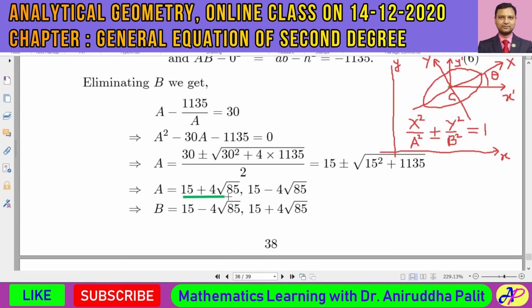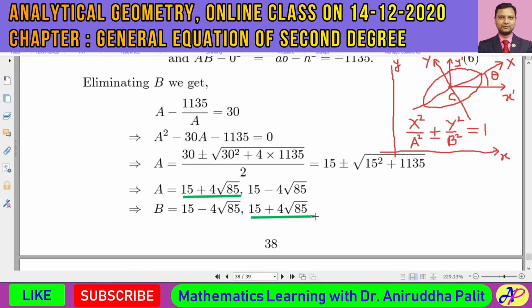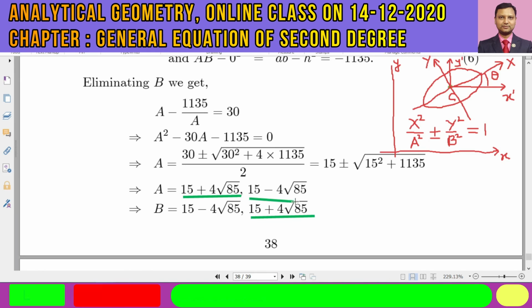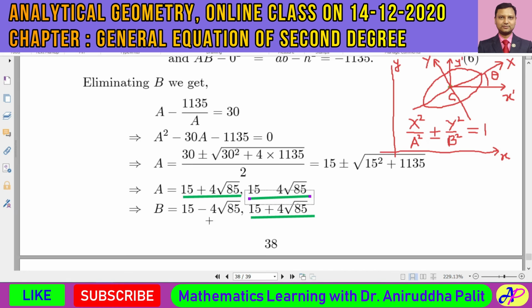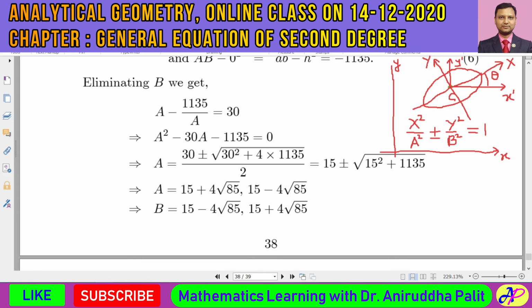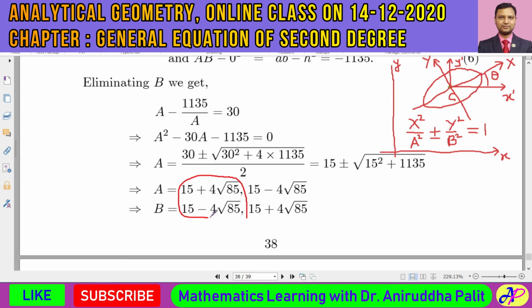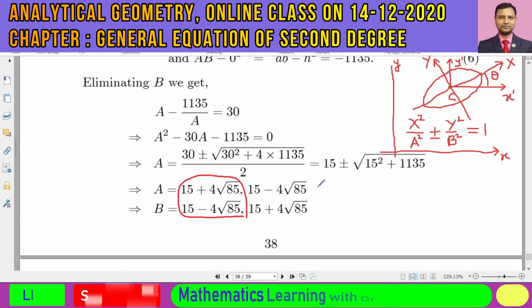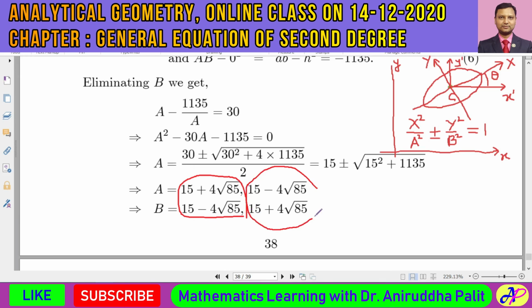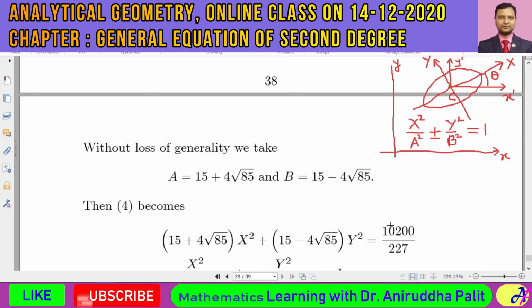So if this is the first value of capital A, then this would be the second value of capital B. Similarly, if this is the second value of capital A, then this should be the first value of capital B. So without any loss of generality, you can choose this first set, or you can choose this second set. Got it? You can choose any one set. It doesn't matter. Now we are choosing the first set.